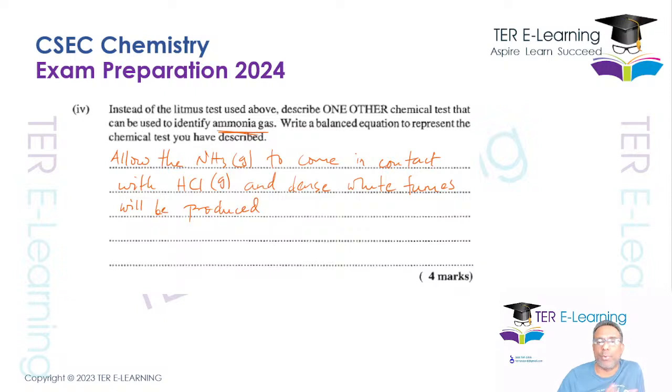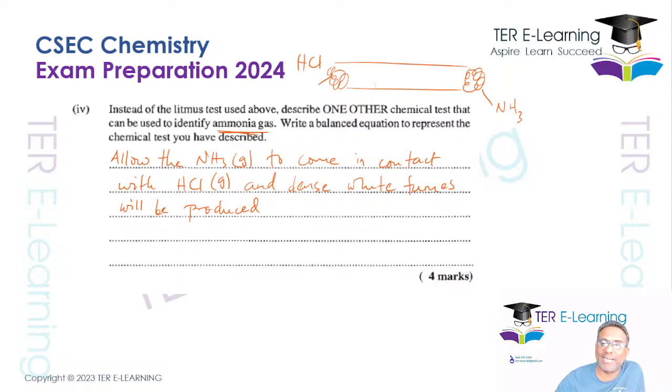So when it comes to testing for ammonia gas, some of you may have done an experiment where you had these cotton balls on two ends of a glass tube, and on one end you had concentrated ammonia, that's NH3 here, and we also had HCl, and what happens is that you get this white ring.